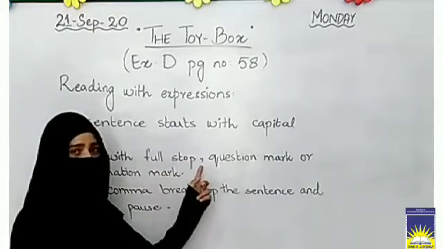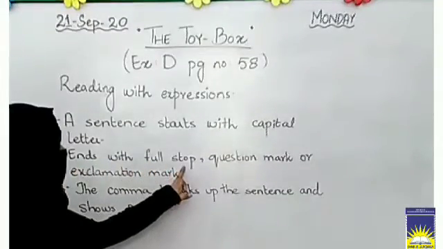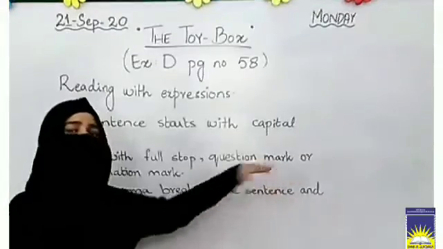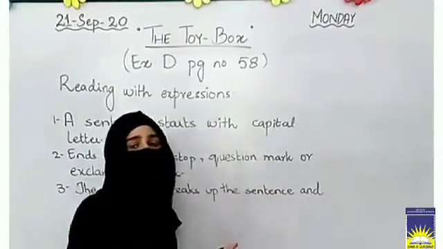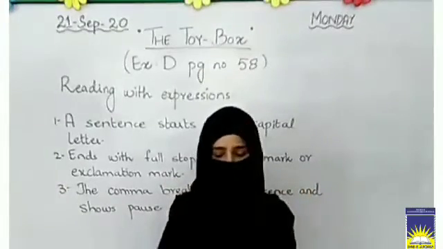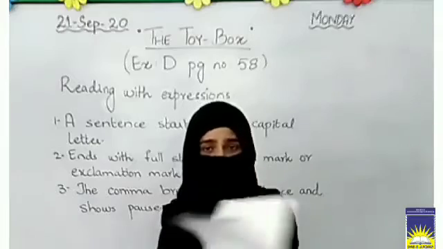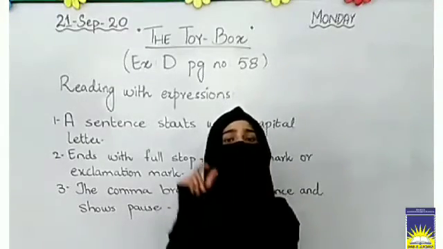So how will I read? I will read like this. Now listen to me. Ends with full stop, question mark. So this is how we have to give a pause or a break in the sentence when there is a comma.